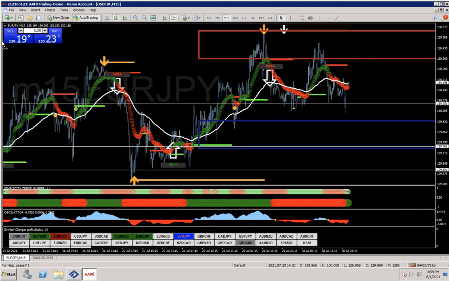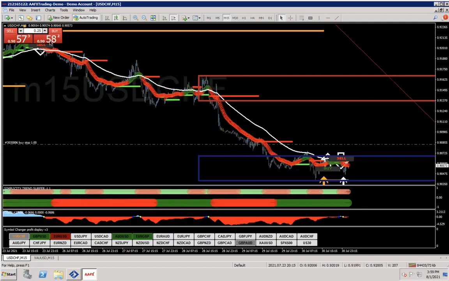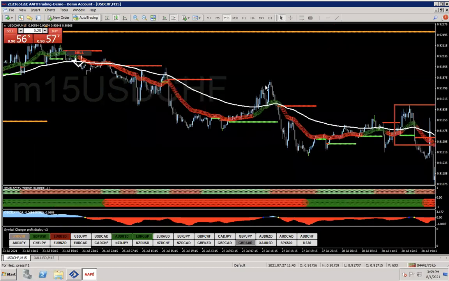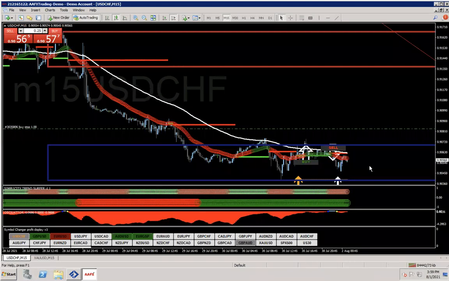And here's my process. I simply start here and I look for an arrow, and I look for support where it's rejecting an area. Now, if y'all remember Thursday night, Friday morning, I told y'all USD was going to be very strong.